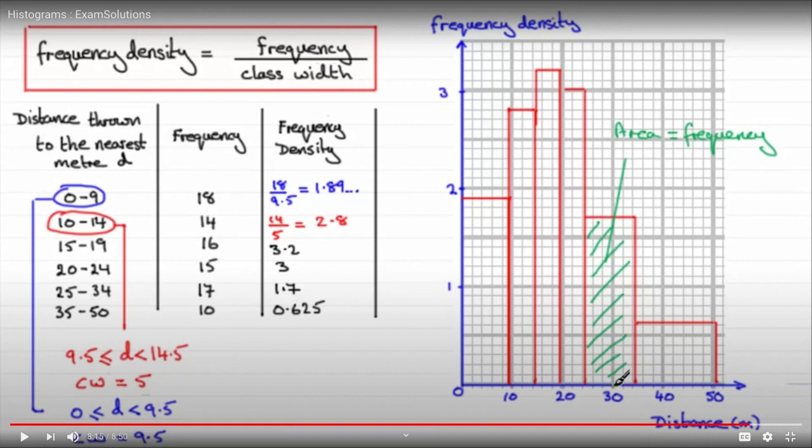The class range. Like I'm saying, the width is the class range, right? It's that particular range, from its lowest value to its highest class value.